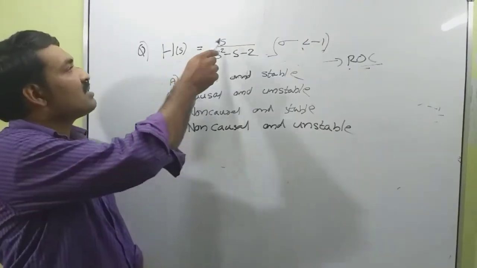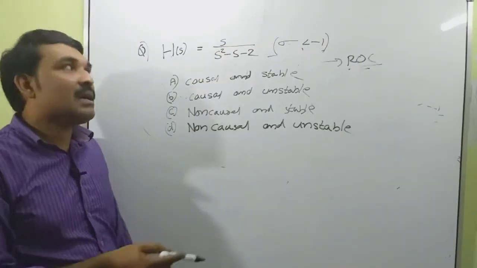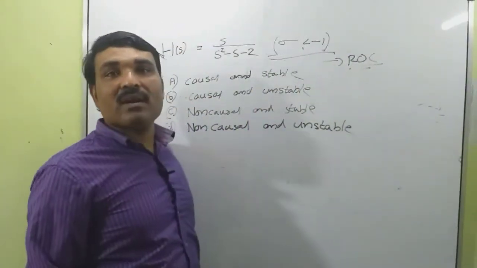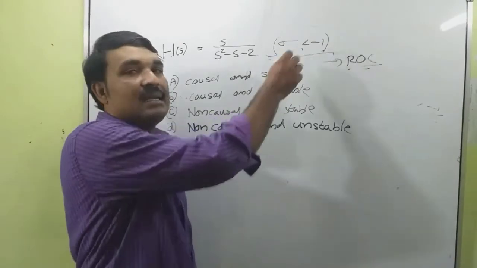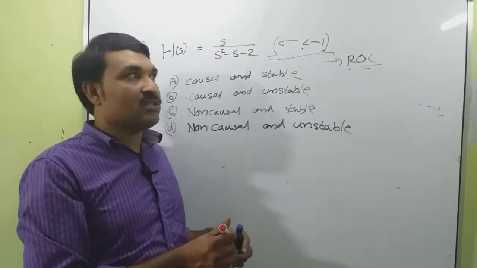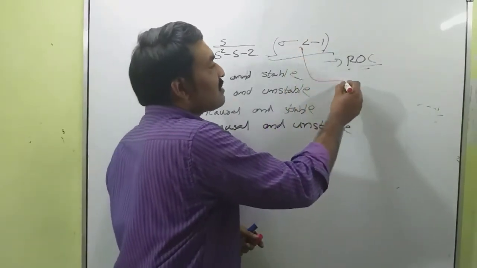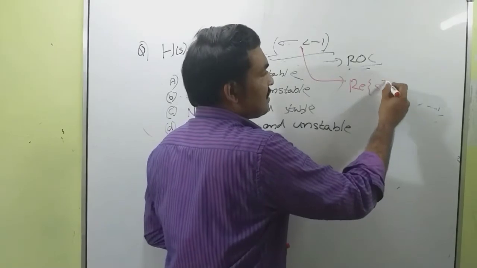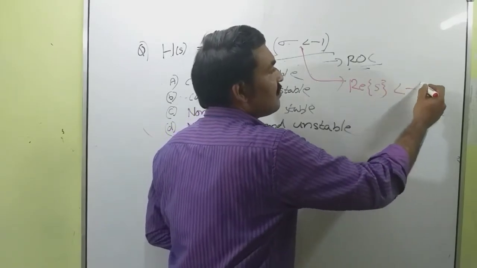That is, H(s) is equal to s divided by s square minus s minus 2. And they also mentioned the region of convergence, that is sigma less than minus 1. Now we want to check the causality and stability of the system. Region of convergence sigma less than minus 1 means the real part of s is less than minus 1.